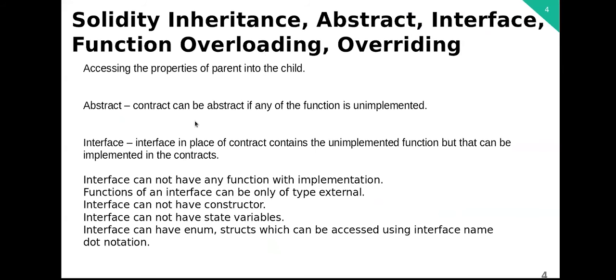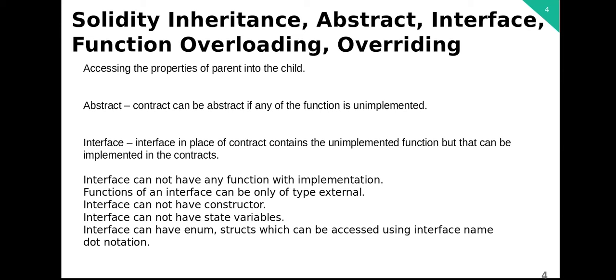Before that, abstract, as we know, can have unimplemented methods also. We can have implemented methods as well. As we know about inheritance, we are accessing the property of the parent in the child contract. And interface, we have all unimplemented functions that need to be implemented in the derived contract.